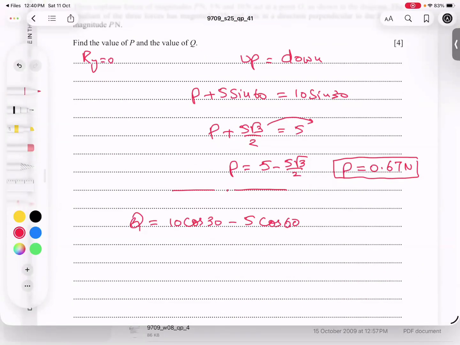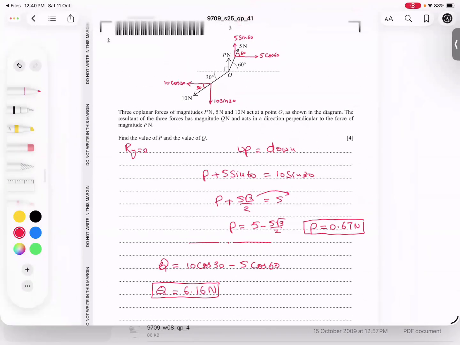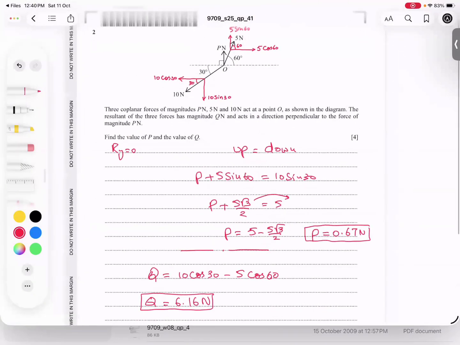Just type it in, if they ask you, without any waste of time. So the Q value turns out to be 6.16, 3 SF, newtons. I hope the point is very clear, and we got this question completely done. After this, we'll go to the next one.